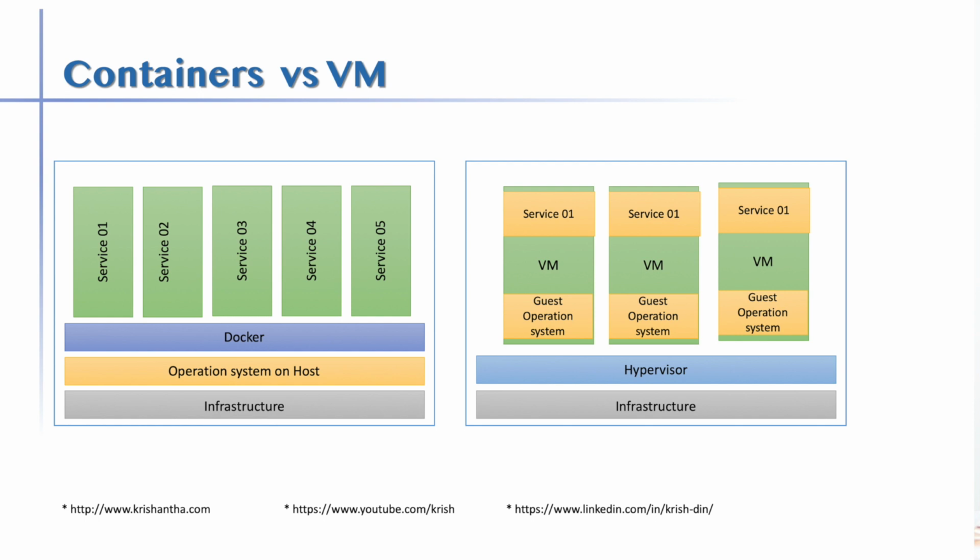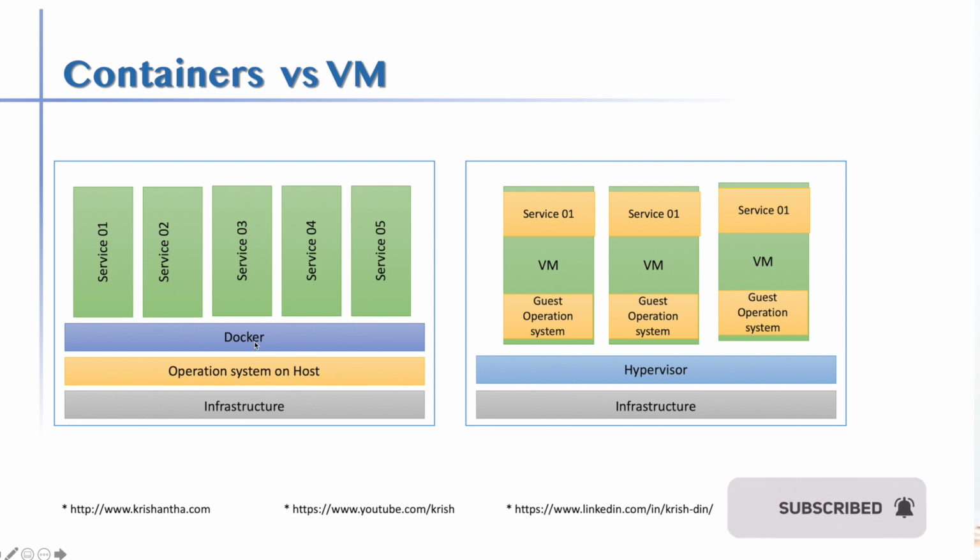You can see in this diagram, it's comparing the difference between virtualization and Docker or containerization. On the virtualization side, you have infrastructure, you have an operating system, right? Sorry, on the containerization side, you have infrastructure, operating system, Docker. Docker means kind of a Docker engine, right?